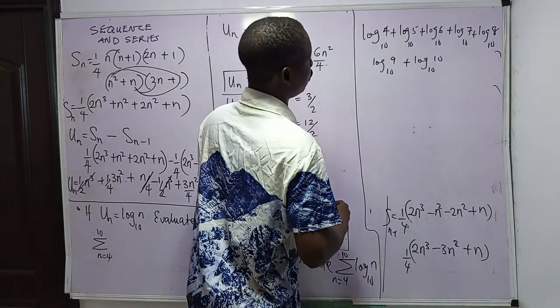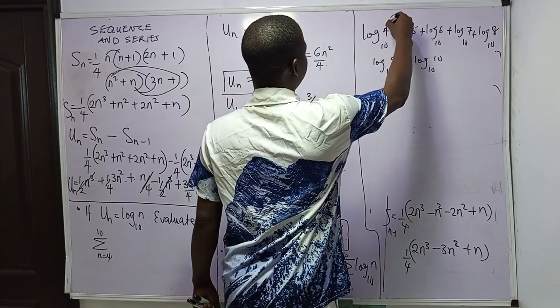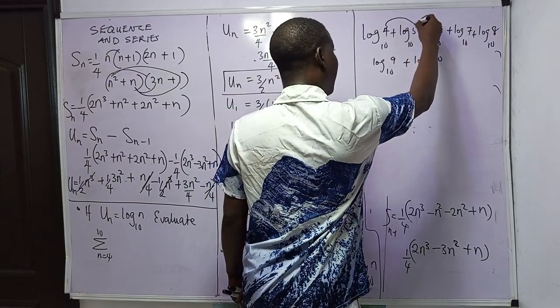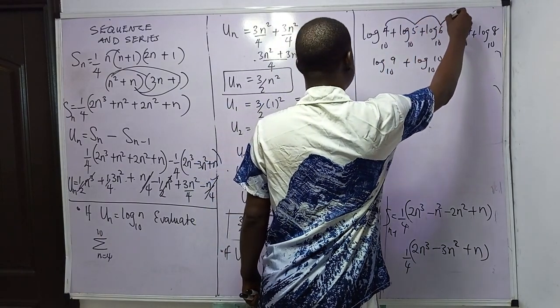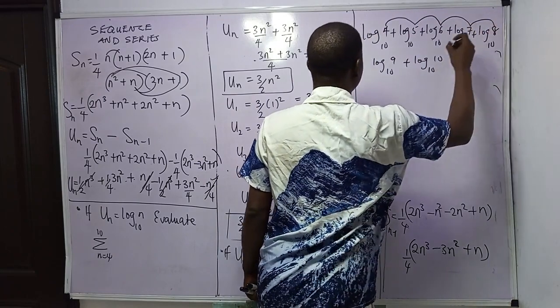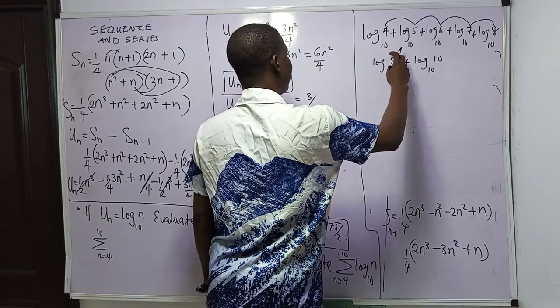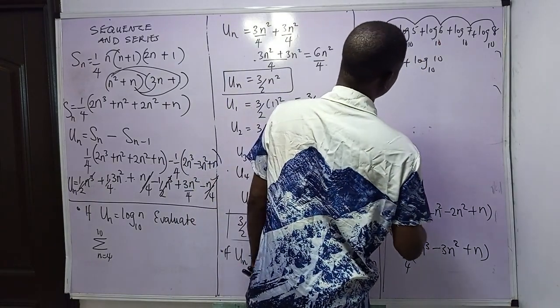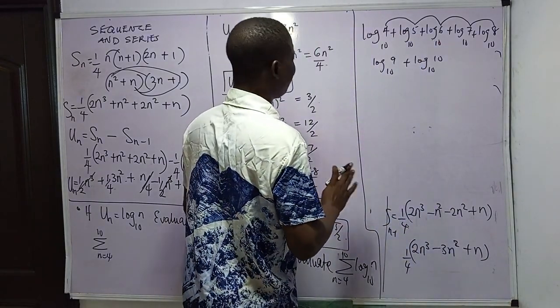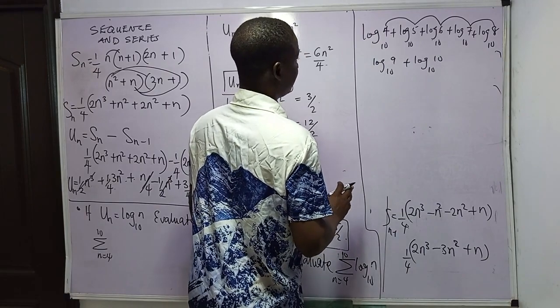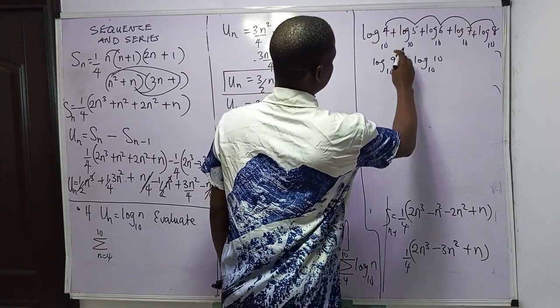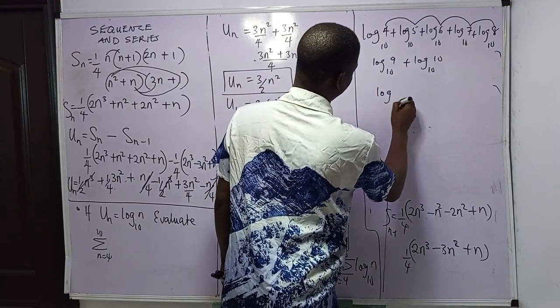So what I will advise you to do is just multiply 4 times 5, times 6, times 7, times 8, times 9, times 10. You understand? That's what we are going to do so that you can have your answer.